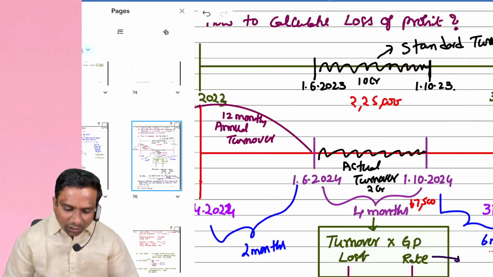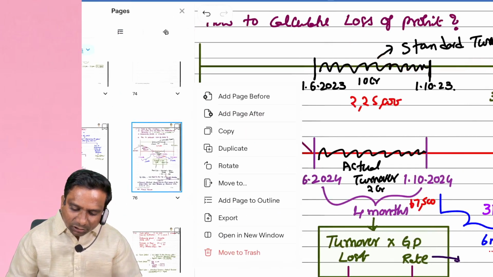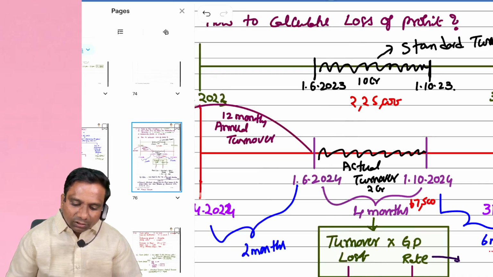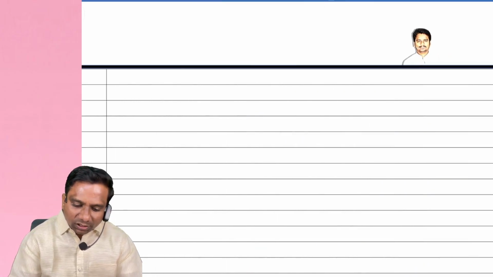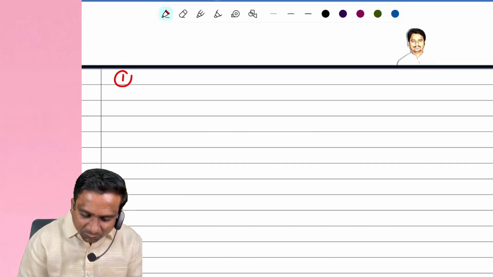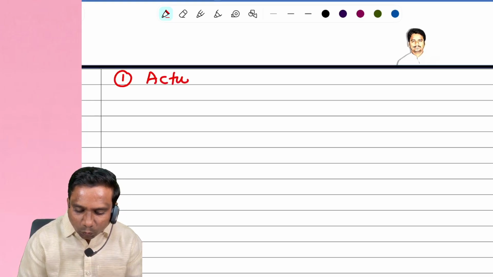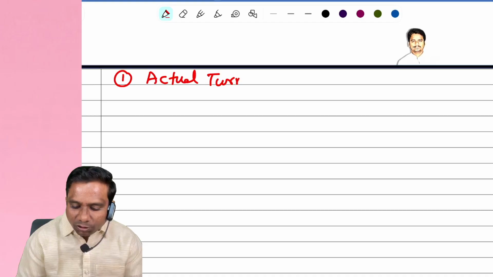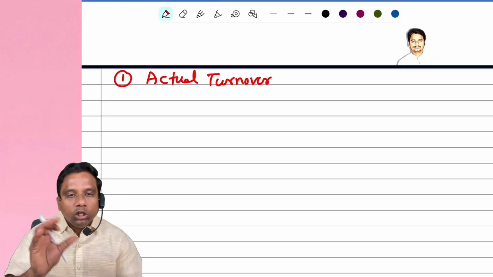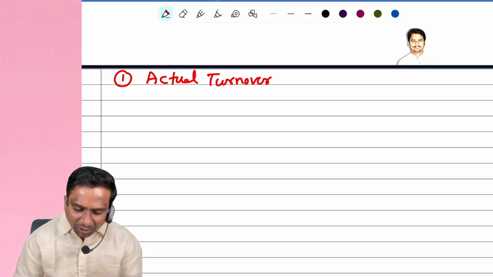Can you tell me how many words we understood till now? First one is actual turnover: how much turnover you have made during the business disruption period.